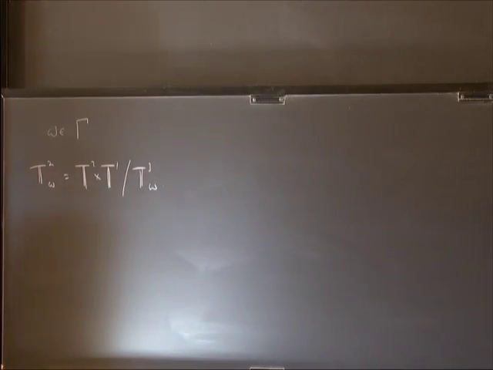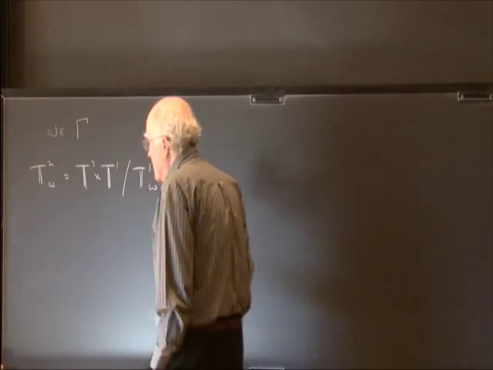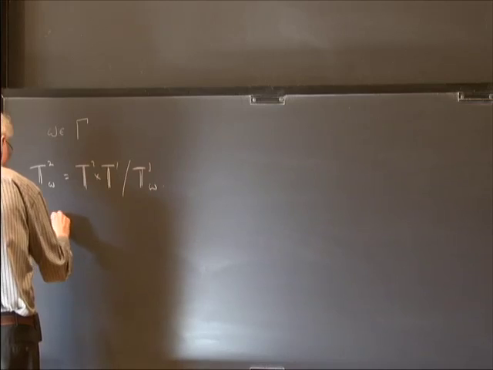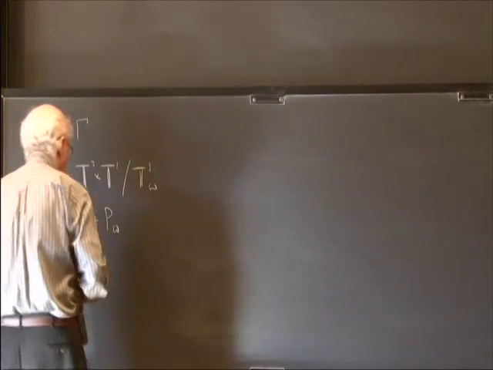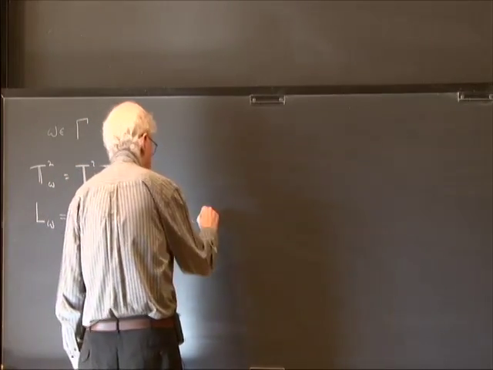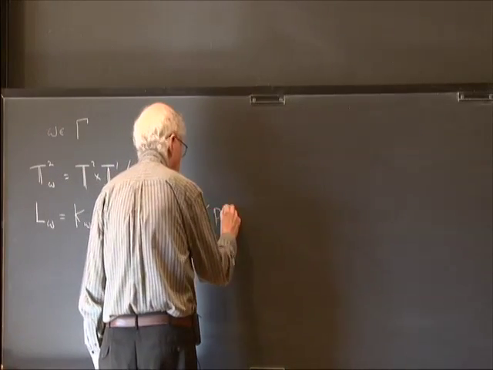And then we have again L omega this time equals K omega plus P omega, and P omega is, well, it's given by the same formula.